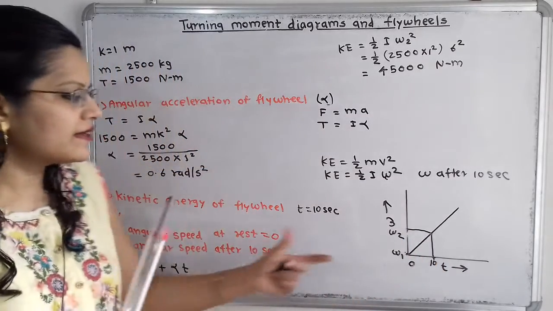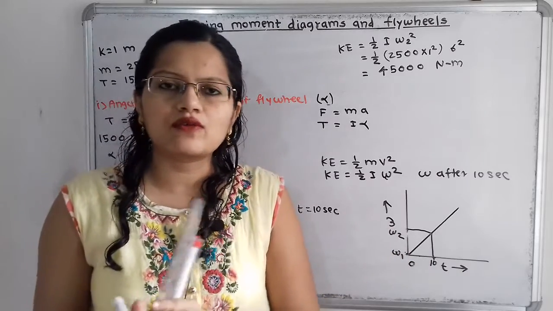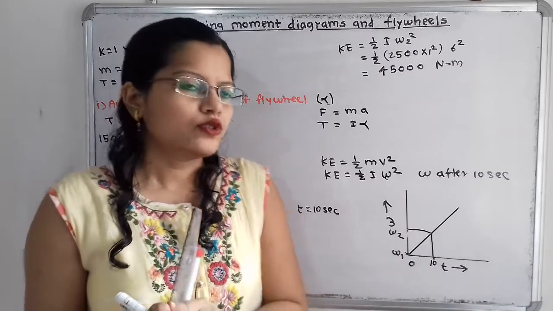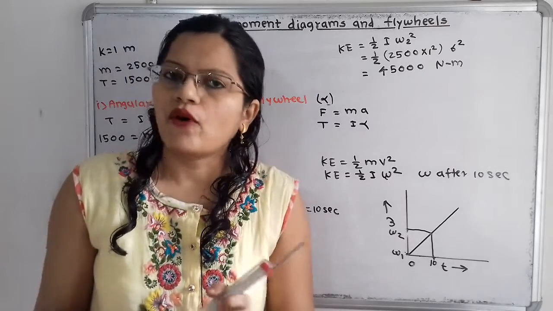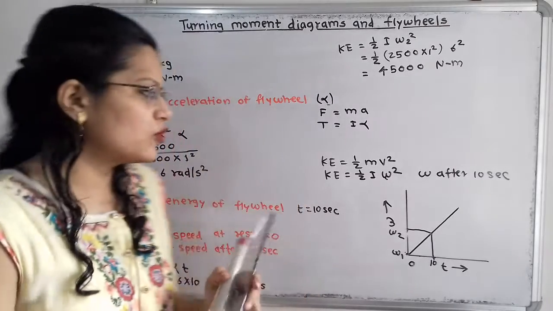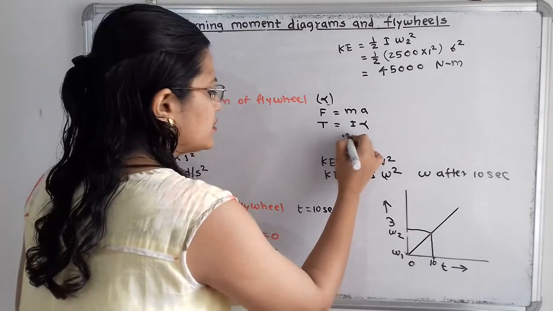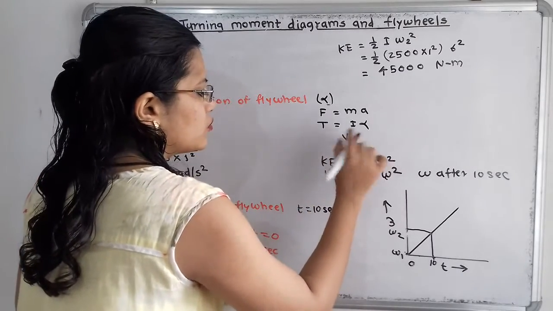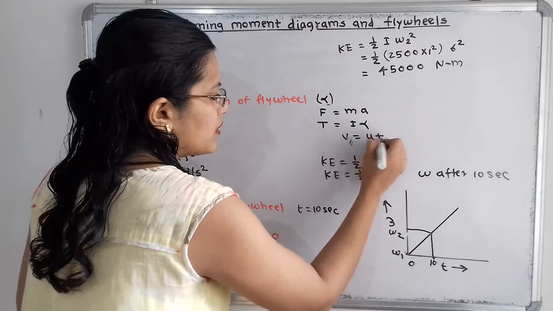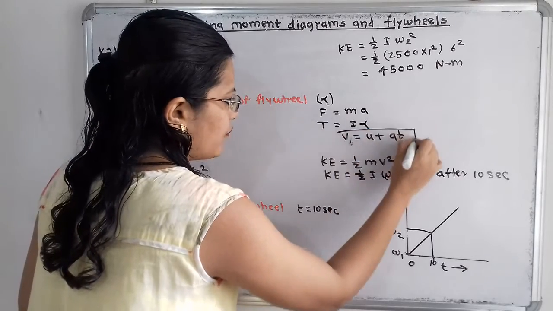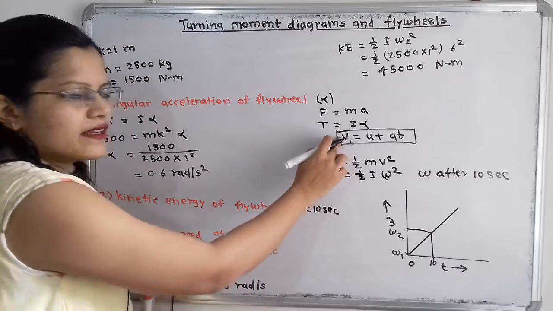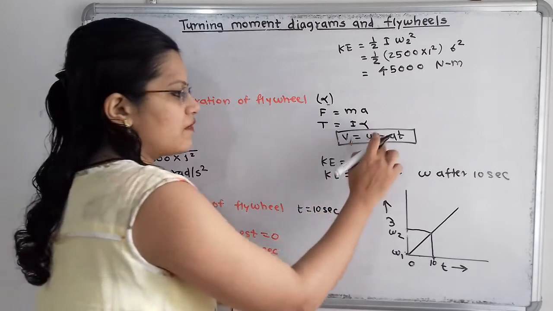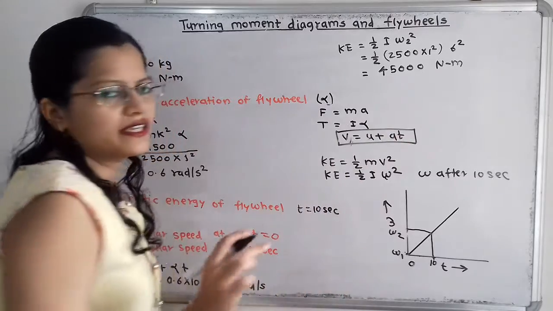So what is the formula to calculate this omega 2? Again, in case of linear motion, we know one formula, that is V is equal to U plus AT. This is the formula for linear motion, where V is the final velocity, u is the initial velocity, a is acceleration, and t is time.